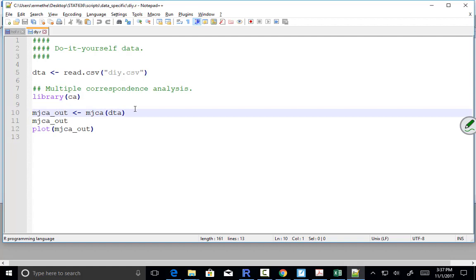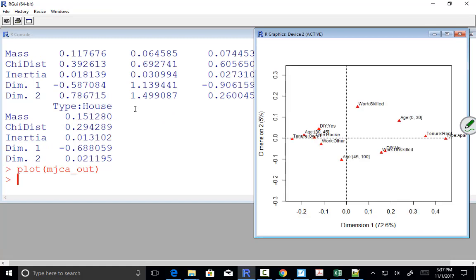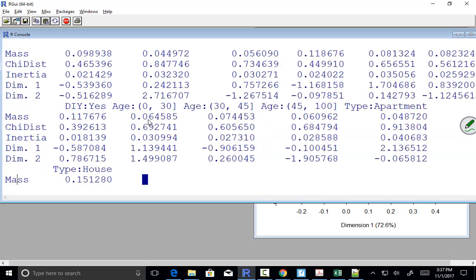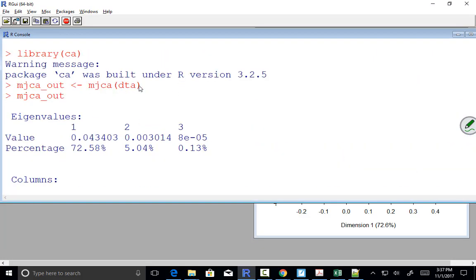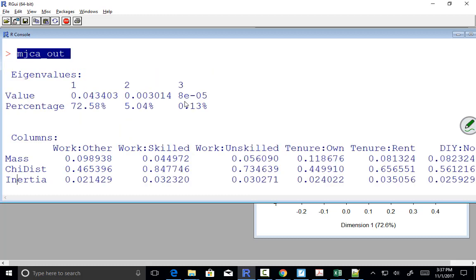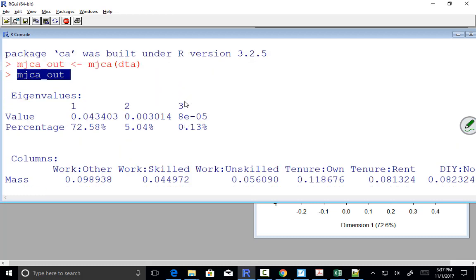And to apply multiple correspondence analysis, you can just use the mjca function. And I'll show you the basic output that we can discuss. So here we compute the correspondence analysis representation. Here is what happens if you just print the resulting object.